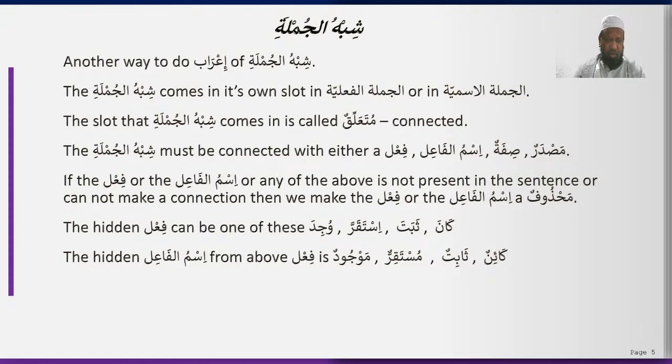If the فعل or اسم الفاعل or any of the above is not present in the sentence, or we cannot make a connection, then we make the فعل or اسم الفاعل محذوف. محذوف means hidden. The hidden فعل can be one of these: كان، ثبت، استقر، وجد. And the hidden اسم الفاعل from the above verbs is كائن، ثابت، مستقر، موجود.